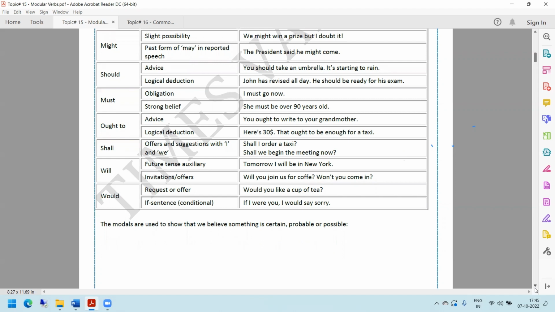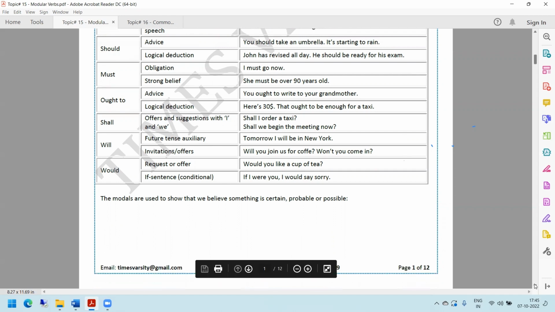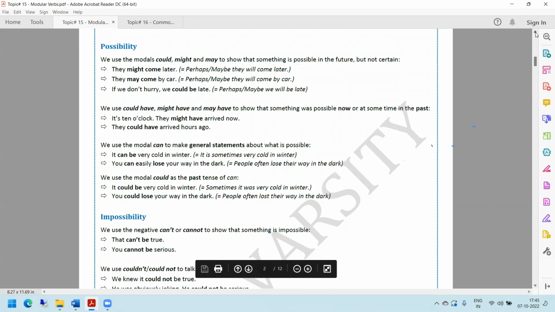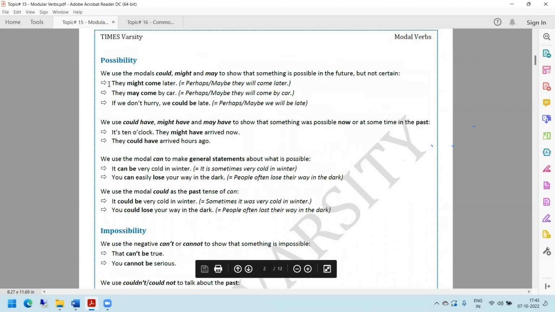The modals are used to show that we believe something is certain, probable, or possible. Now, to express possibility, we use the modals could, might, and may to show that something is possible in the future, but not certain.